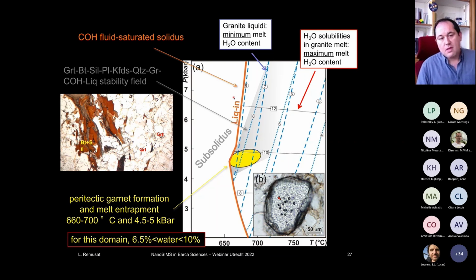With the determination we have from the NanoSIMS and a little bit of petrography, we can say that the rock was exposed to this domain of pressure and temperature, and the water content we have in the melt corresponds to the predictions from experimental petrology, let's say regular metamorphic petrology.